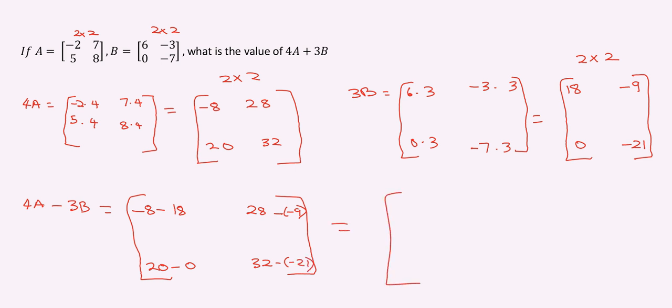So our final matrix is going to be negative 8 minus 18, negative 26, 28 minus 9, 28 plus 9, 37, 20 minus 0, that is 20, and 32 minus 21 is 32 plus 21, which is 53.